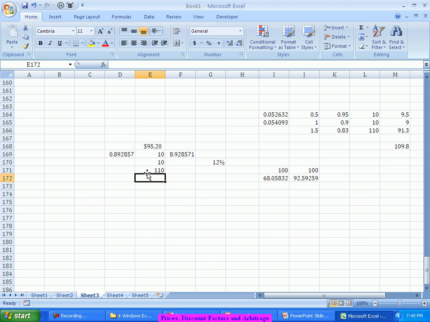Suddenly the price has become 95. The shorter the maturity, the higher the price. And if I extend it, with the same logic, to 5 years, this is only 92. So maturity is playing a very important role in the price of the bond.